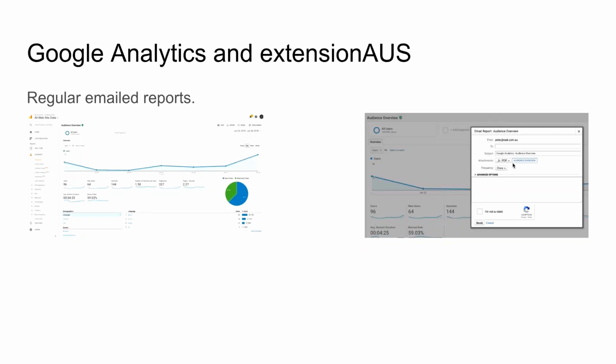I think it's PDF, Excel, or a CSV. The frequency, so is that once a week, twice a week, every Monday. And you can even say we only want to do that for the next 6 months or 2 months or 3 weeks. So as per the frequency, you will get that report emailed to you, so you don't have to go back to Google Analytics. I hope that makes sense.